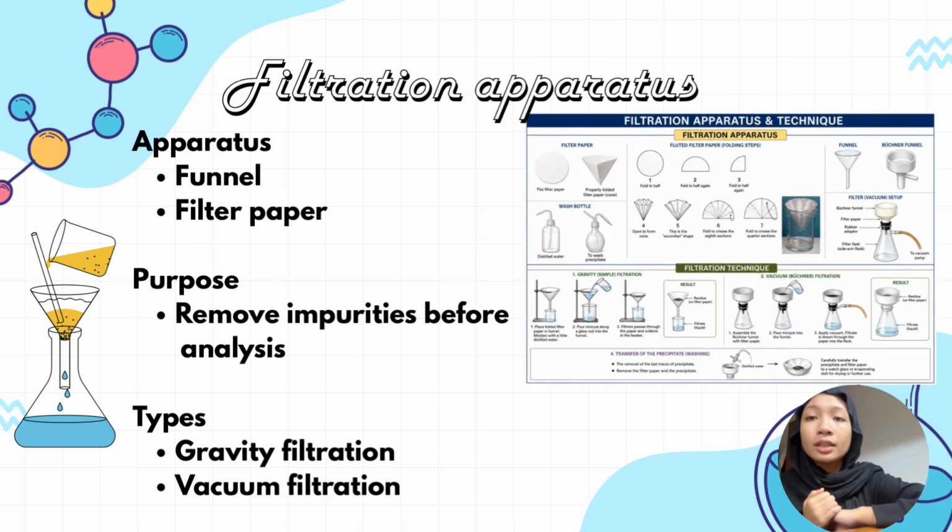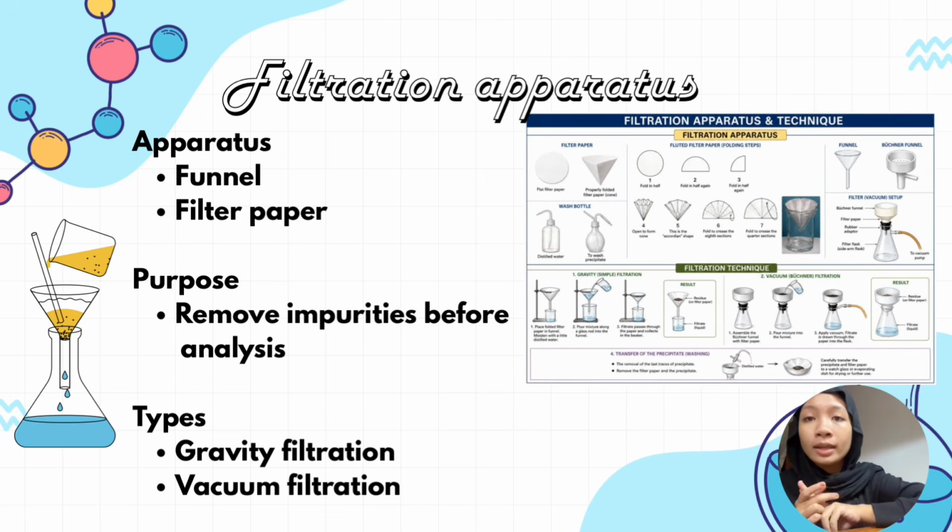A beaker is used to hold the mixture before the filtration, while an Erlenmeyer flask or filter flask is used to collect the filtrate. For vacuum filtration, a Buchner funnel and a vacuum pump are also used to speed up the filtration process. Besides, the purpose of filtration is to remove impurities from a solution or to isolate a solid.